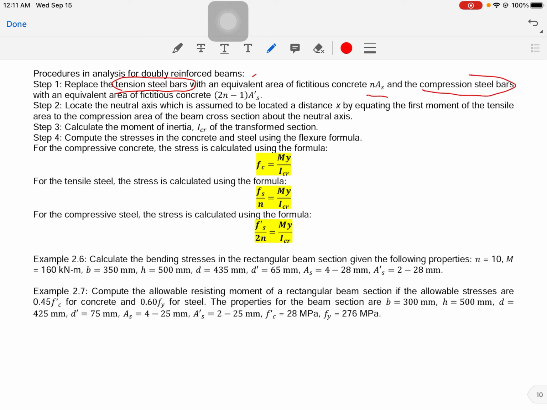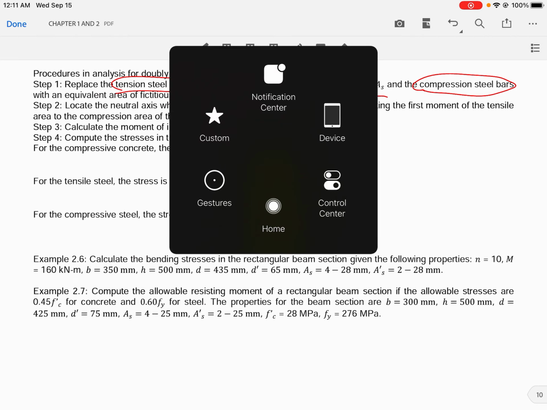Then for the compression steel bars, we will be equating that area to a fictitious concrete area, which is equal to (2n minus 1) times As prime. Let me draw this one here.